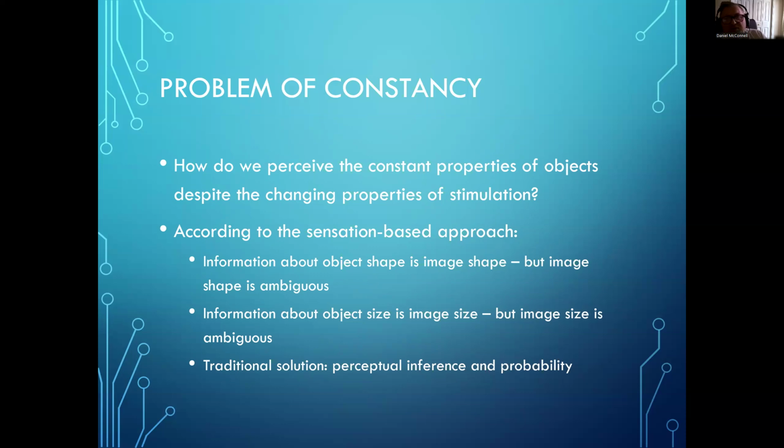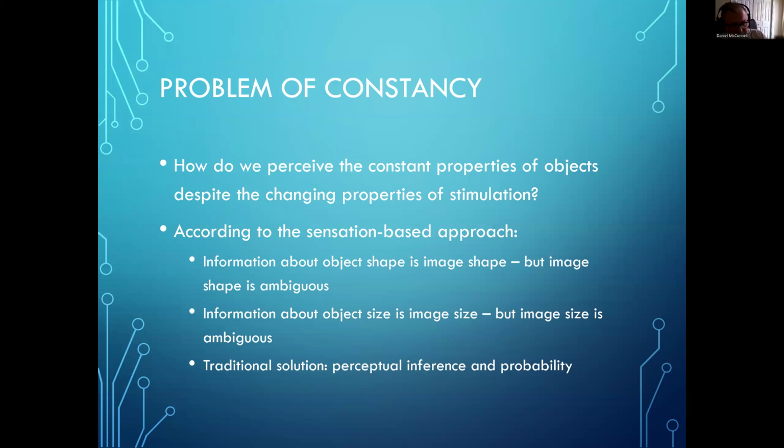And somehow, some way, the visual system is able to correct for all of that ambiguity and still correctly perceive the constant properties of objects in the world, despite the changing properties of the stimulation itself. And we don't have a theory for that.